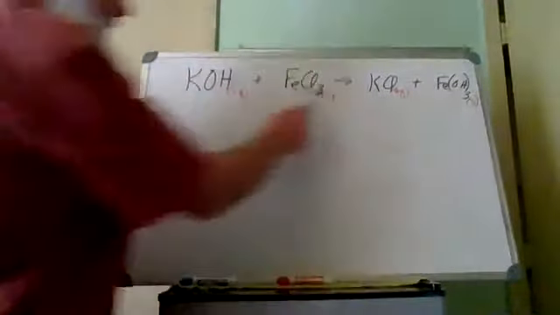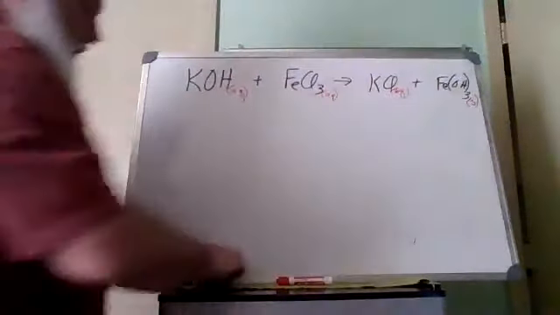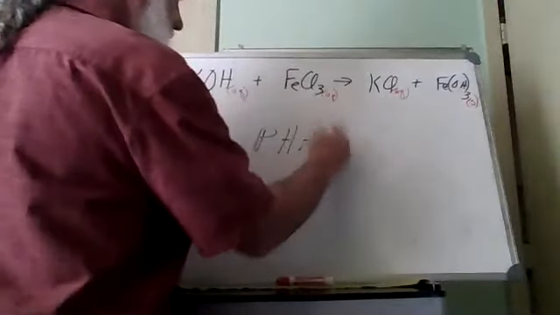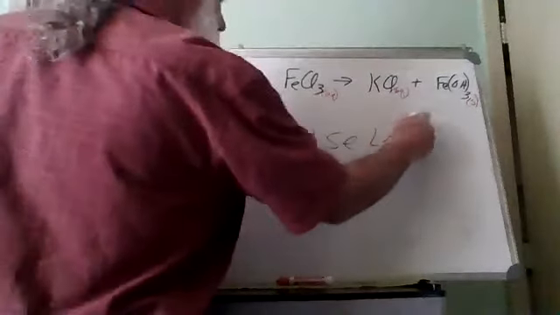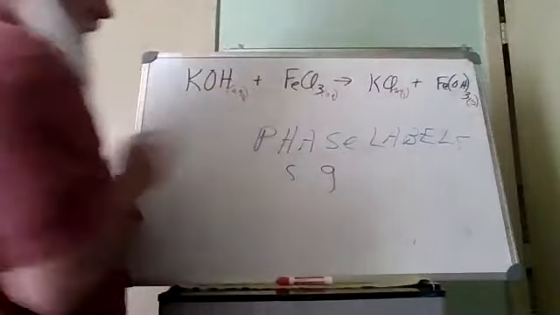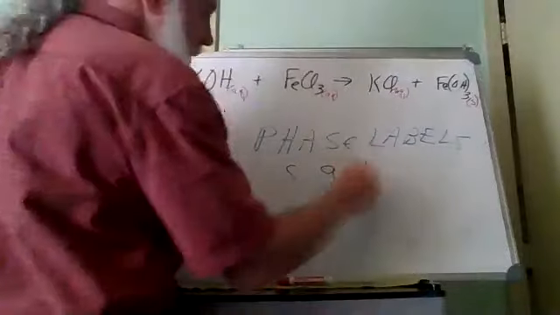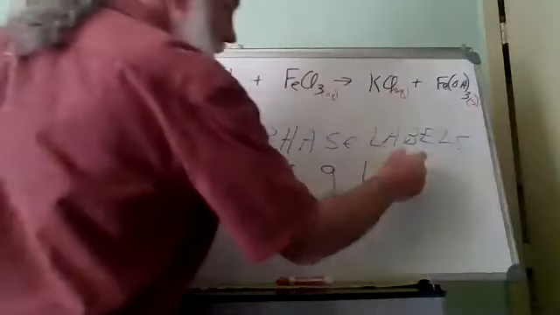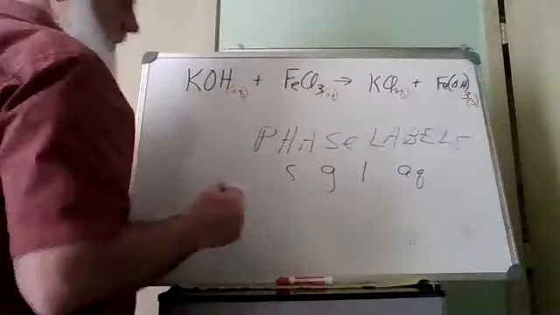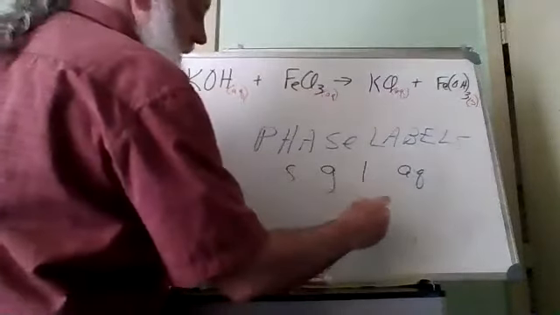So, we have these things here that we haven't seen before. These are what are referred to as phase labels. So we can have S for solid, G for gas, L for liquid, or we have this AQ, and that stands for aqueous.